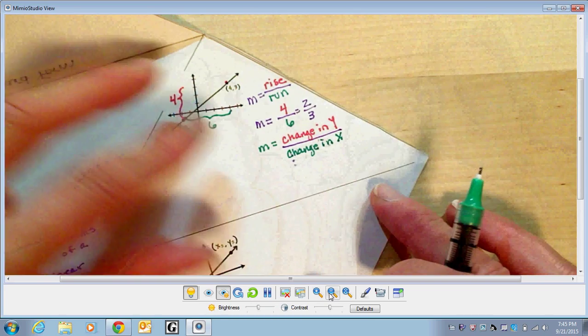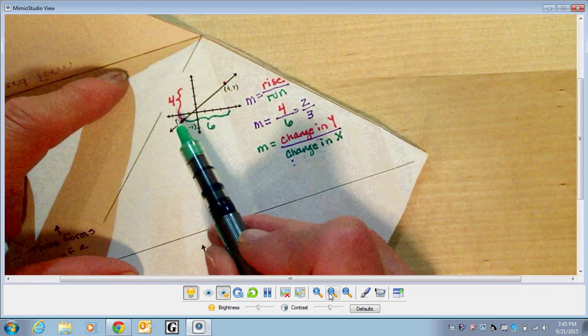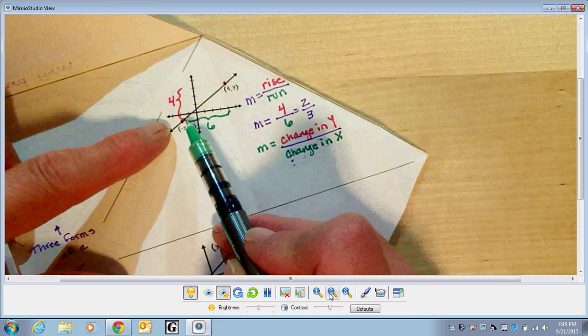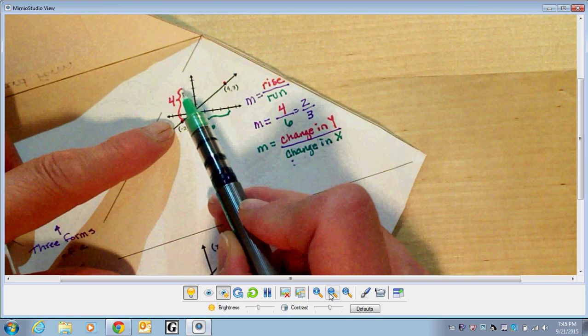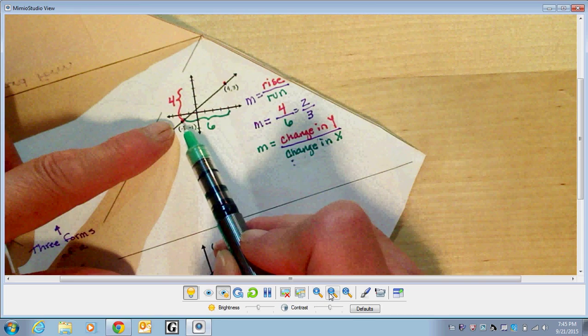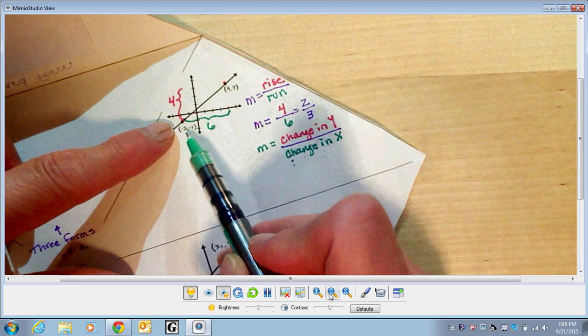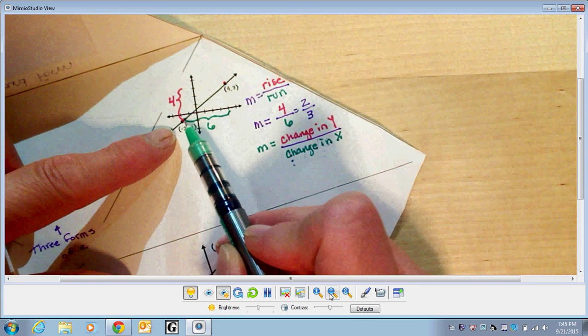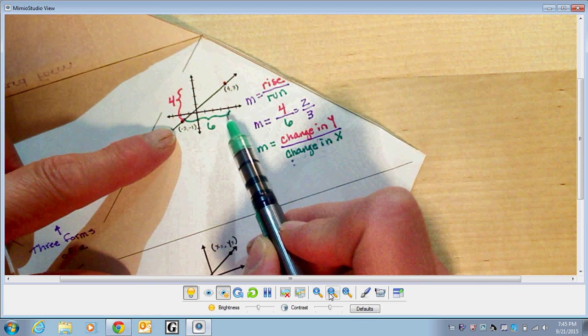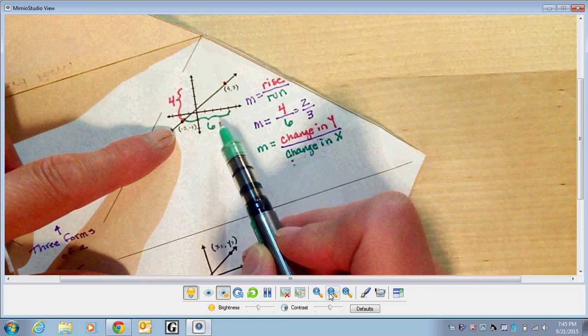Okay, and we can see that here, that y changed from -2 to 4, and x changed from -1 to 3. Okay, so that was our change.